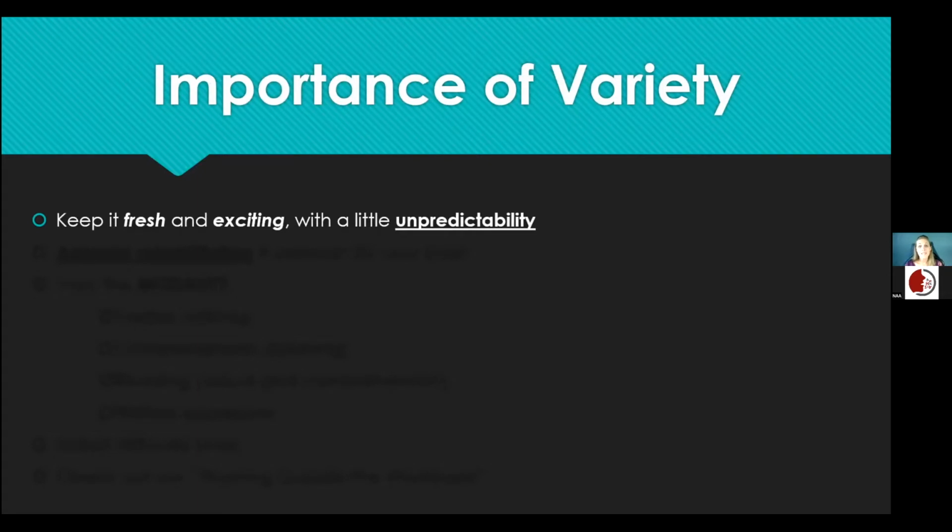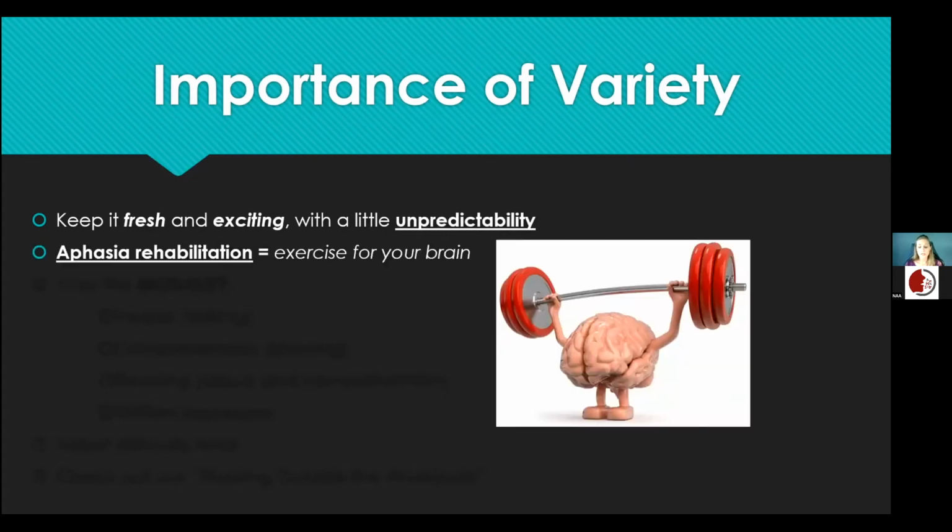I needed variety. I needed something different. I needed to be challenged. I probably needed some unpredictability. And if you think about it, aphasia rehab is exercise for your brain. So in order to make that exercise regimen desirable, there really needs to be variety and even some unpredictability.